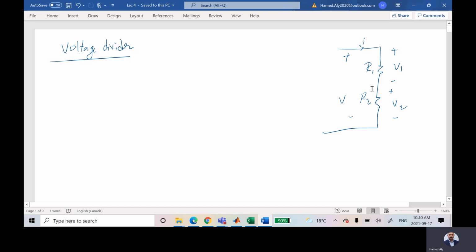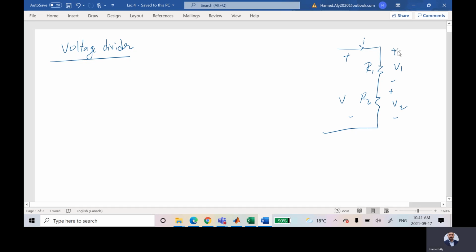So if you would like to compare between the current divider and the voltage divider, you can say the current divider is used for finding the current in each branch of two branches connected in parallel as a function of the total current. But the voltage divider is used for calculating the voltage across each branch of two branches connected in series, as a function of the total voltage.